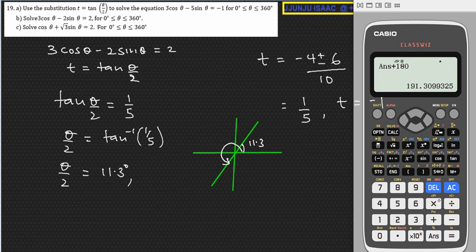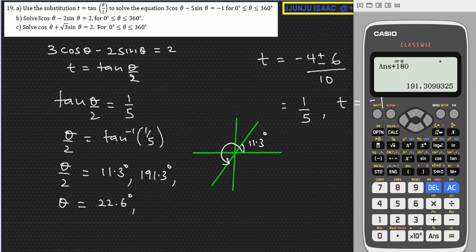Another angle would be having a full cycle, but that will be out of the range, so we stop there. Meaning that theta is going to be 11.3 times 2, which is 22.6 degrees.